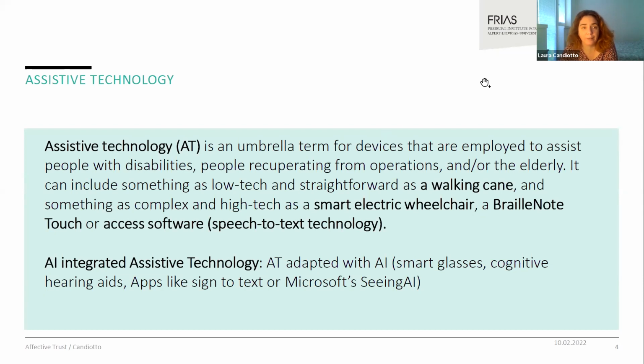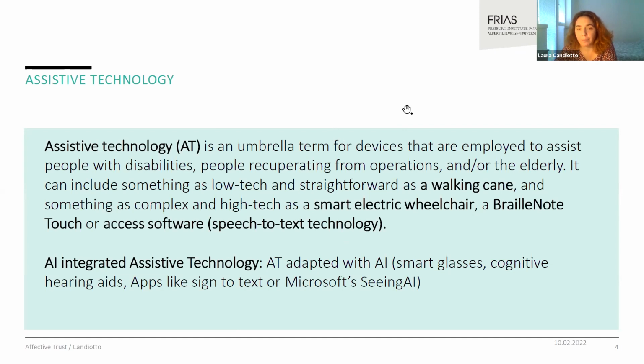For example, the Brain Not Touch can have specific apps that support certain cognitive tasks. There are apps that allow, with a camera, a person with a visual impairment to discover what is around them: Seeing AI.